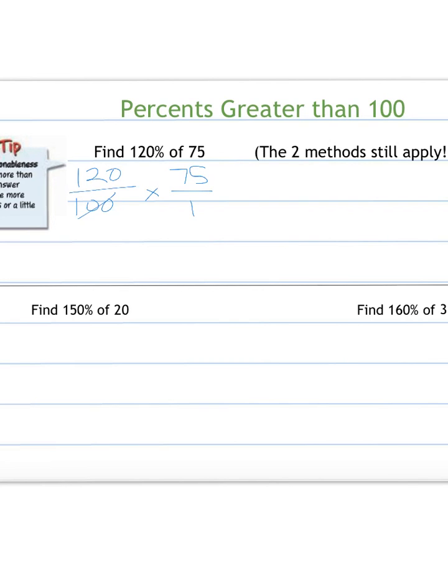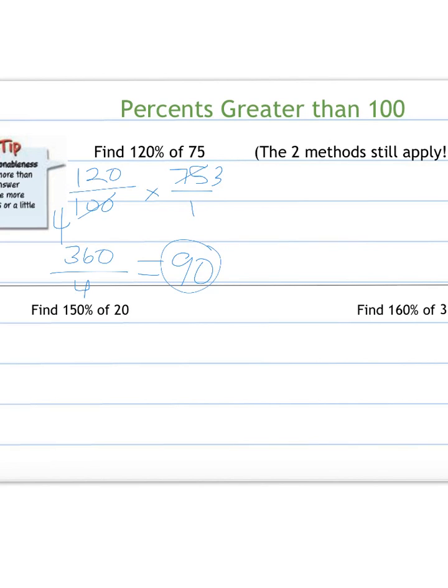Both of these can be divided by 25. 120 times 3 would be 360. 4 times 1 is 4. So 360 divided by 4 equals 90.